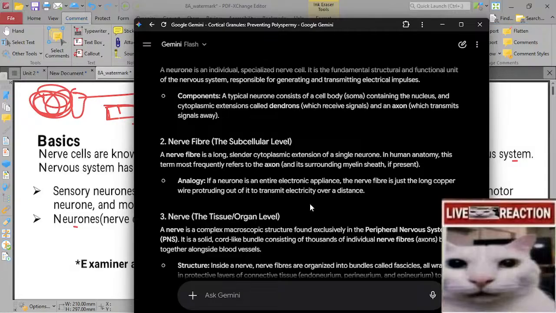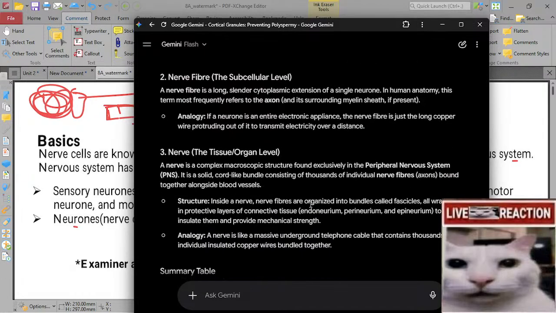The nerve is a complex macroscopic structure found exclusively in the PNS, a solid cord-like bundle containing thousands of individual nerve fibers, which are axons bound together alongside blood vessels.